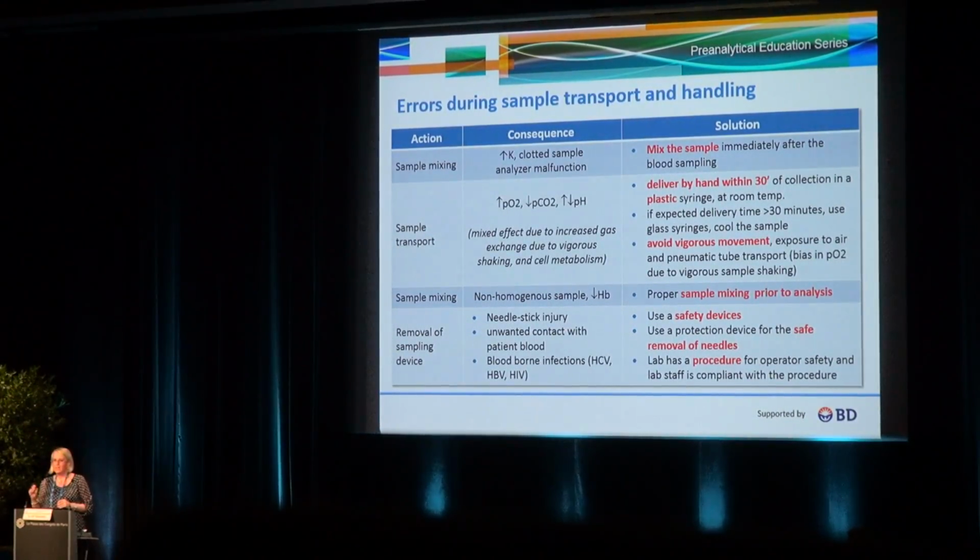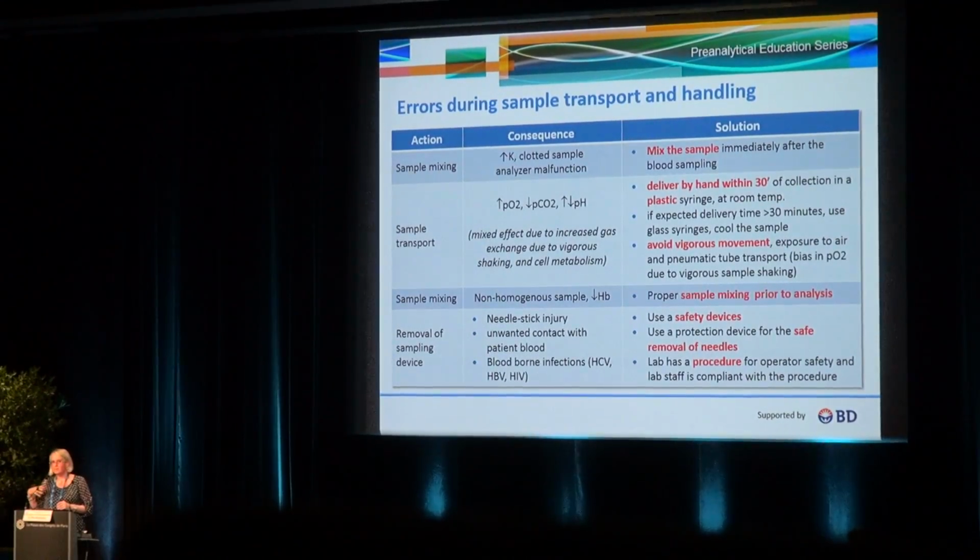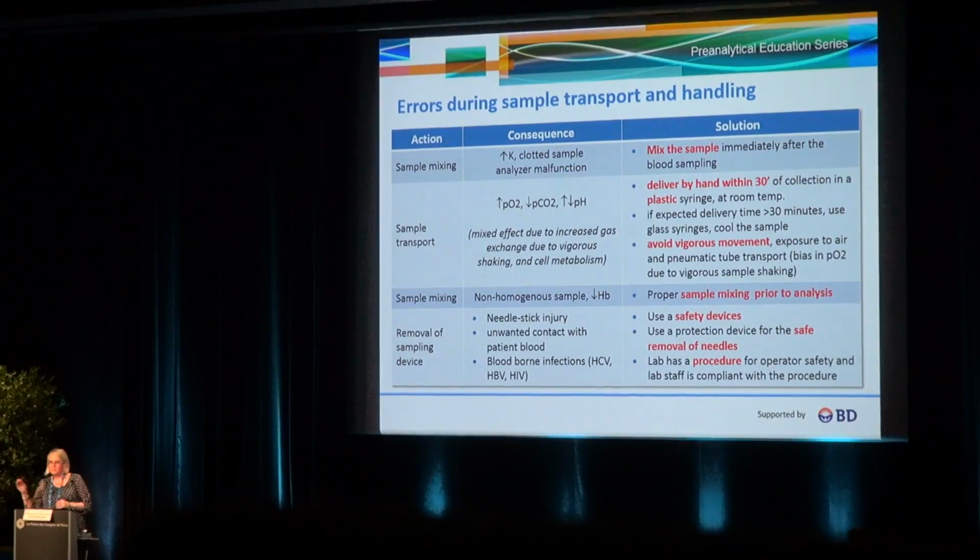Because plastic will contract if you cool it, and the pores in the plastic syringe will enlarge, and there will be a greater exchange of gases between your sample and the atmosphere. So to avoid that, plastic should be transported at room temperature. Of course, it should be transported by hand, and vigorous movement and shaking should be avoided.